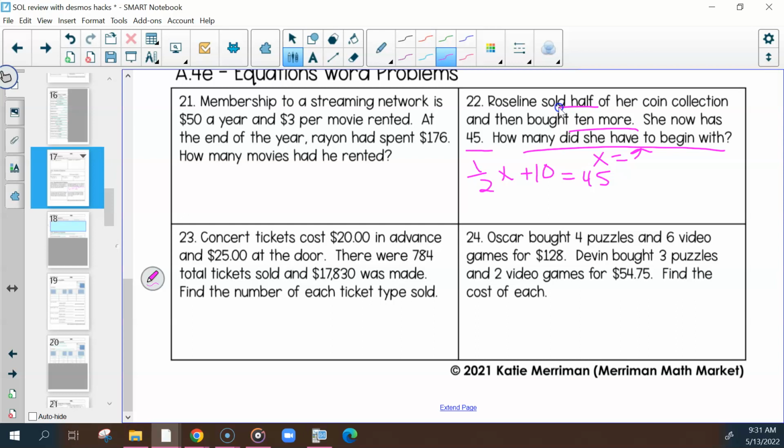And then you could do one of two things. Solve this algebraically or put this in Desmos. Aubrey, which would you prefer? Can we do it algebraically? Sure. So algebraically, we subtract 10. We have 35. And then get rid of the 1/2 by taking the reciprocal, multiplying by 2 on both sides.